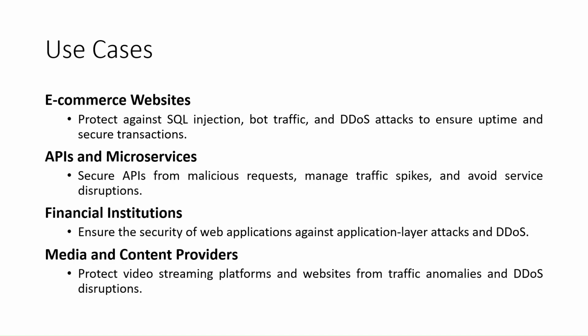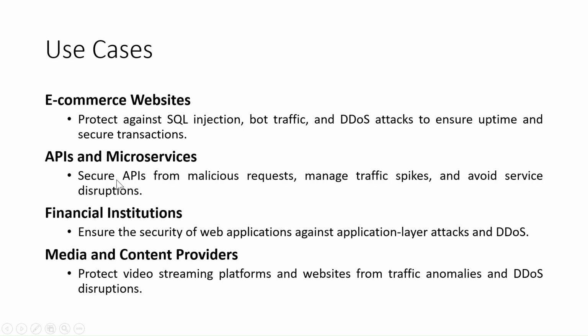APIs and microservices are vulnerable to malicious attacks. AWS WAF helps secure AWS APIs by filtering out harmful requests, while AWS Shield ensures that even if there is a large scale DDoS attack, the services stay protected and remain up and running without disruption.